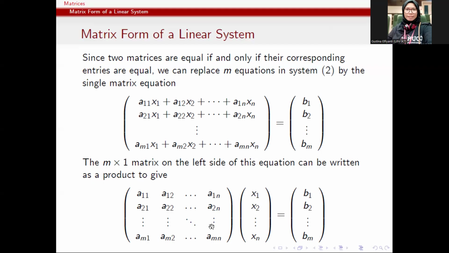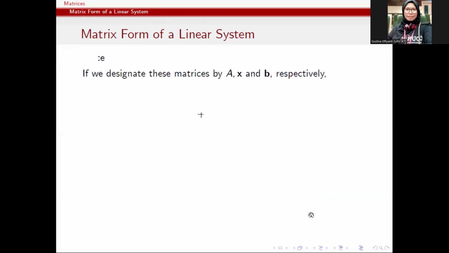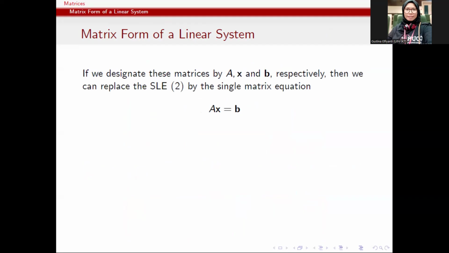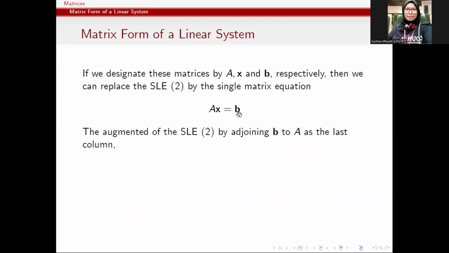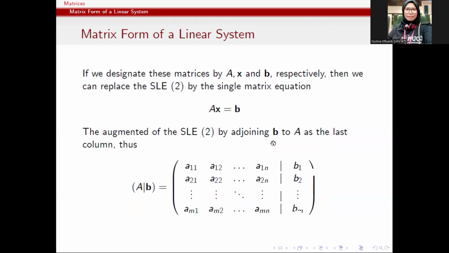Let's say we denote it as A, this one as X, and this one as B. Then we can replace the system of linear equations by a single matrix expression, AX equal to B. The augmented matrix of the system can be obtained by adjoining B to A as the last column. Thus, we have the augmented matrix, this one.